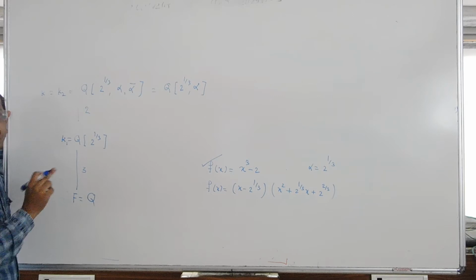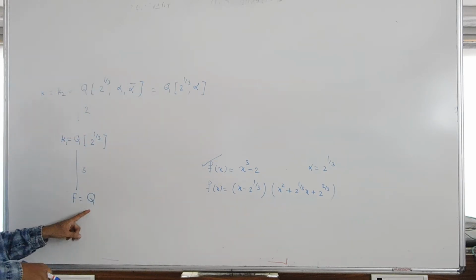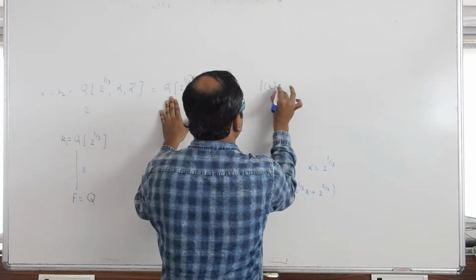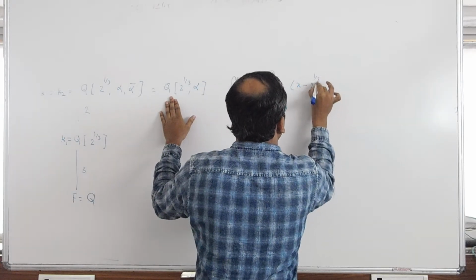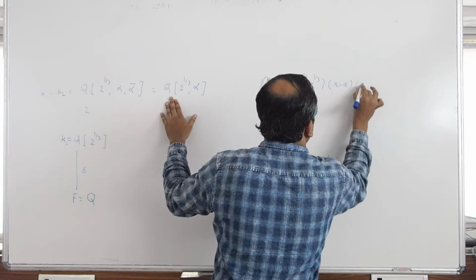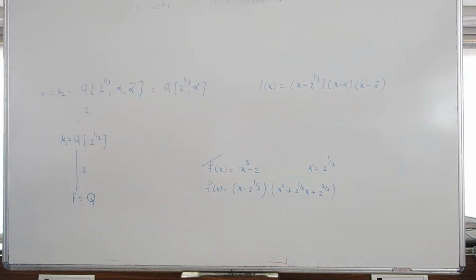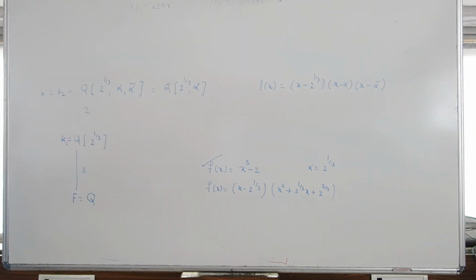Moreover, it is a splitting field of the polynomial f of x over Q. So in this field, I can write f of x as x minus 2 raised to 1 upon 3, into x minus alpha, into x minus alpha bar, the complex conjugate. You can find out this root alpha. So this becomes a splitting field over the rational numbers.